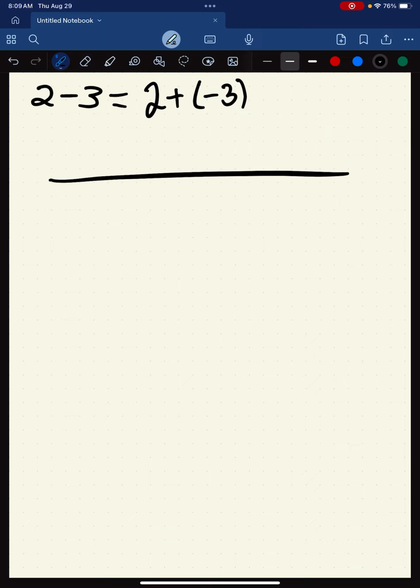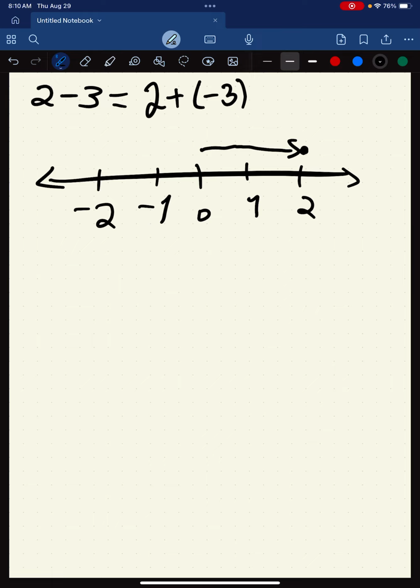So now we're going to get our number line out. We have 1, 2, negative 1, negative 2. First thing we do, go to the right 2, 1, 2. And then the next thing we do is go to the left by 3, right? That minus sign means go to the left. So from there we go 1, 2, 3, negative 1.